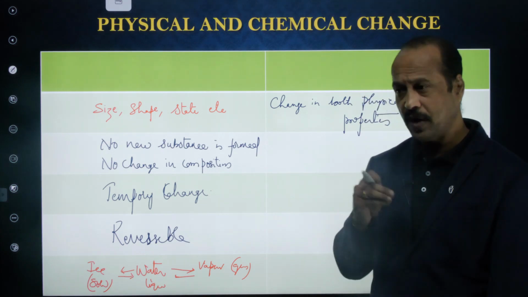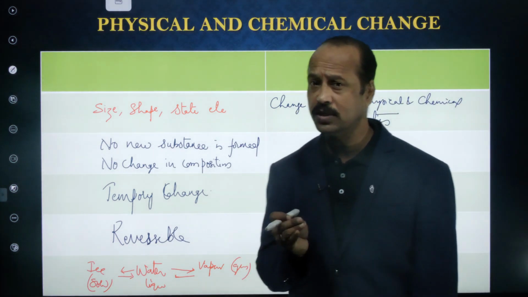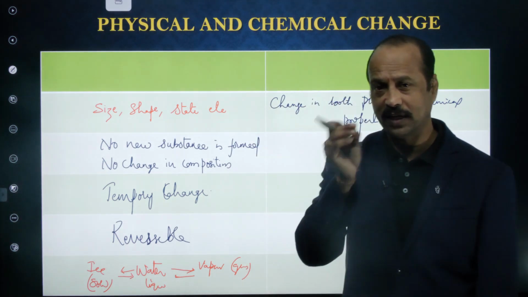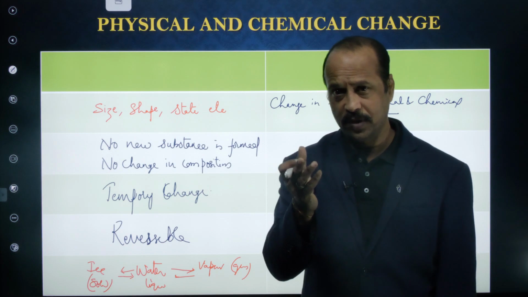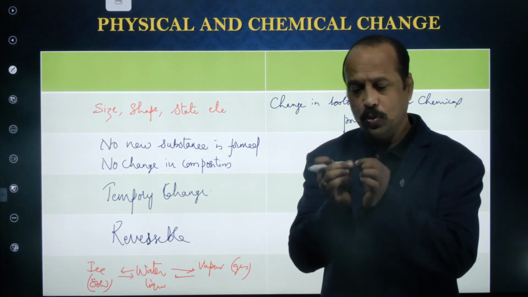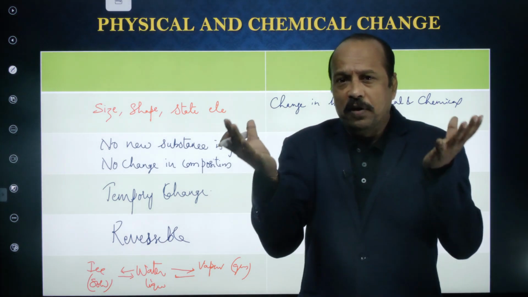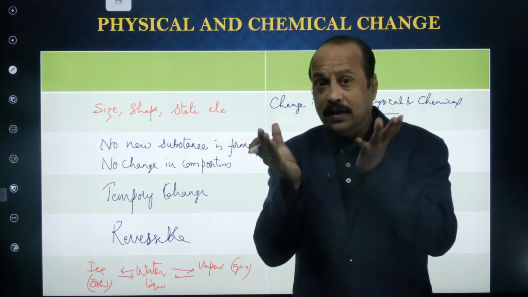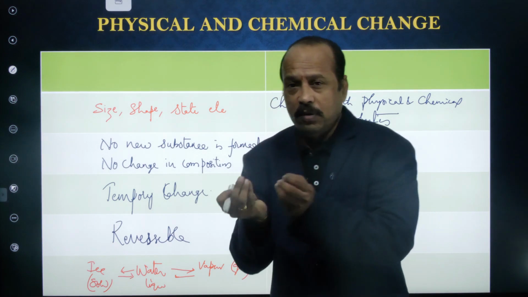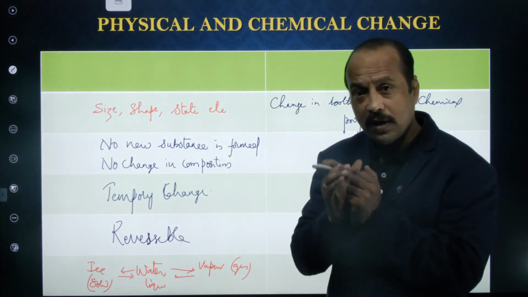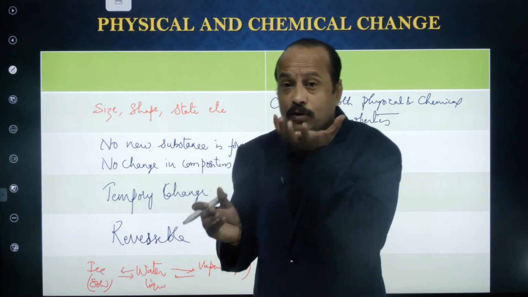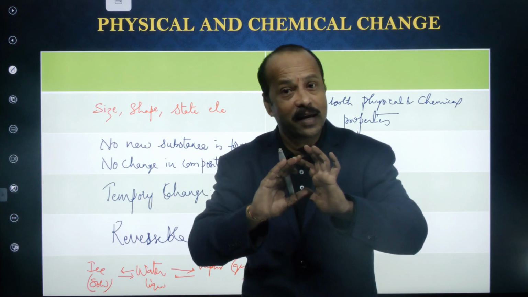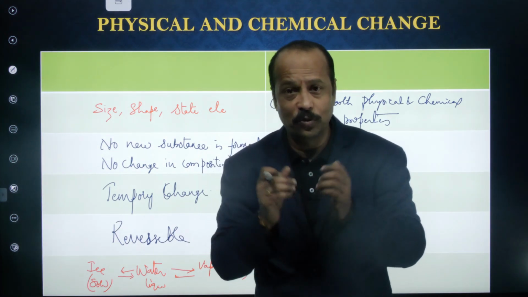For example, students, if you have a magnesium ribbon, did you see the magnesium ribbon? Once you go to the lab, then you see the magnesium ribbon. That's magnesium. If you burn the magnesium, it burns with a dazzling white flame. Normally we say that it burns, but in chemistry, instead of burning, we say that magnesium is reacting with the oxygen, because we are burning in air, and you know that air is required to burn anything.